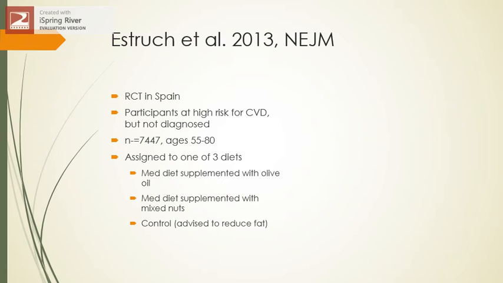They were assigned to one of three diets: a Mediterranean diet that was supplemented with olive oil, or a Mediterranean diet that was supplemented with nuts, or a control group. And the only intervention, I suppose you would say, in the control group is that they were advised to reduce fat.